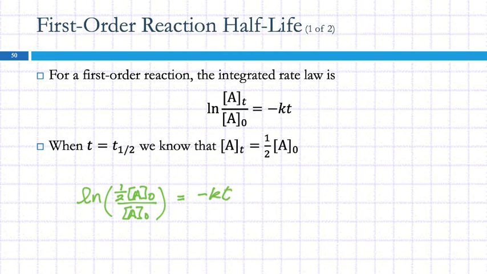Well, here in the parentheses, the concentrations cancel out. So now I have the natural log of 1/2 is equal, oh yeah, we call this time t1/2 now. It's equal to negative k times t1/2. Well, what's the natural log of 0.5?